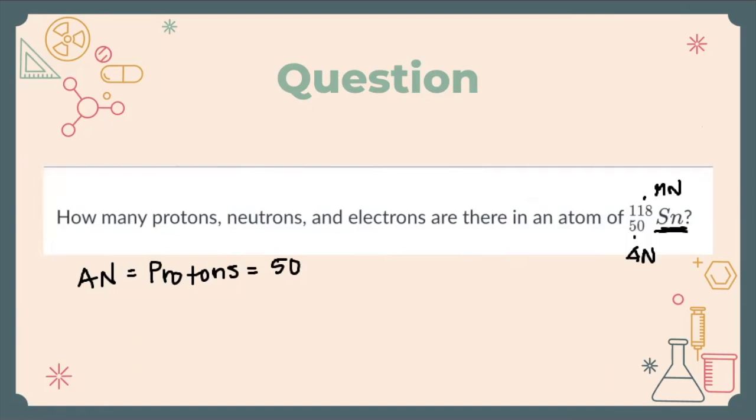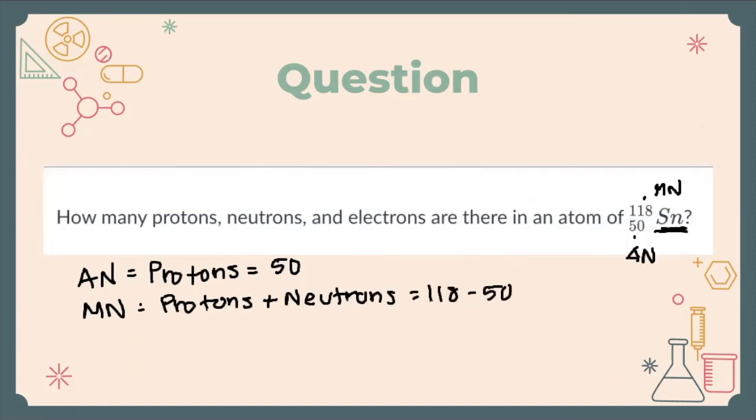The mass number is equal to protons plus neutrons. So it has to be 118 minus 50, because this is the total. We have 50 protons. We're trying to figure out how many neutrons. So that is equal to 68 neutrons.